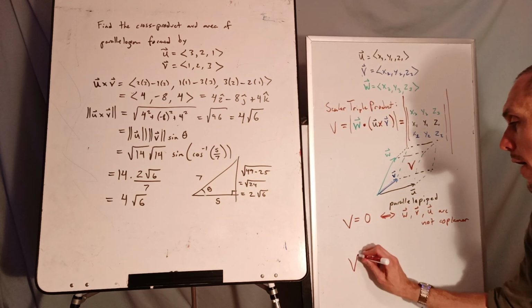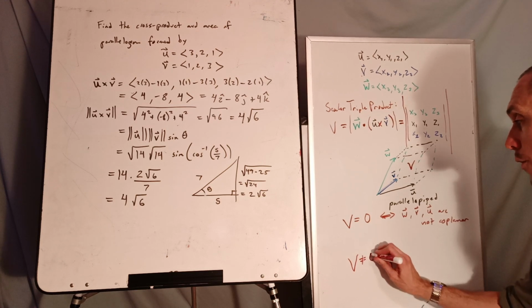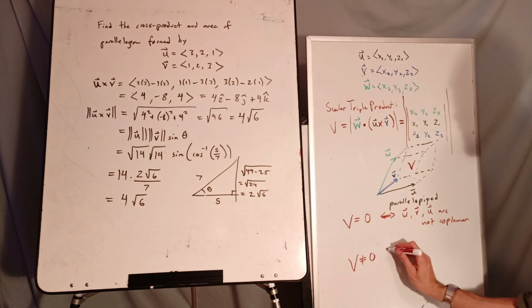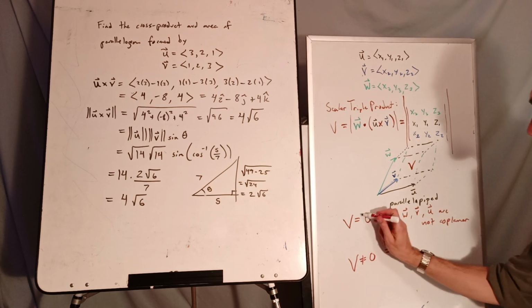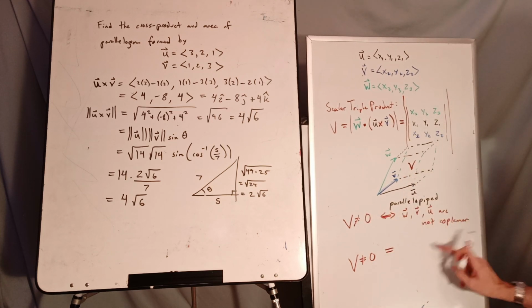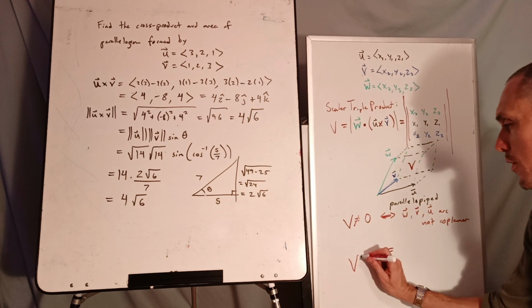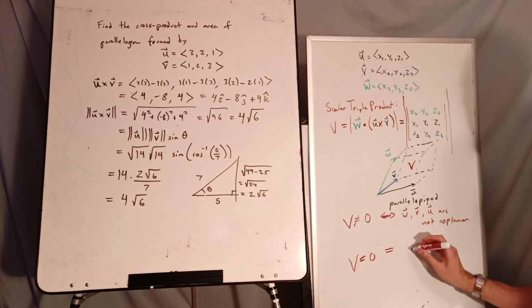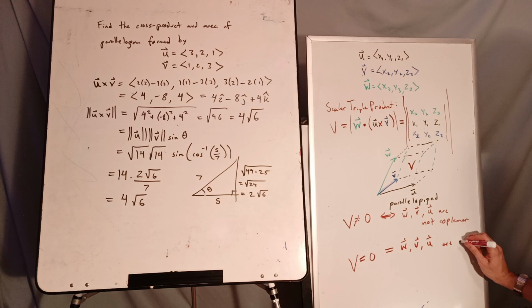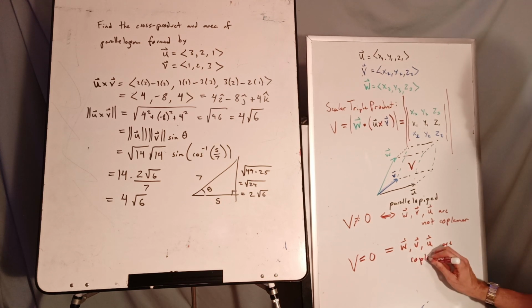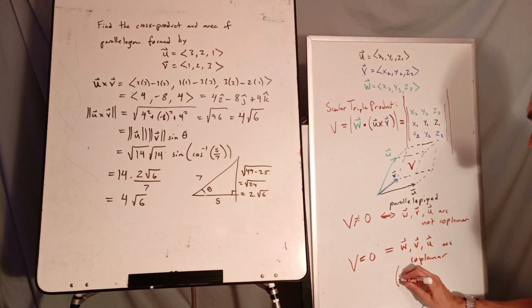So for example, oh, I'm sorry, I've said this wrong. It has a non-zero volume if they're not coplanar. If you get that this volume is 0, then W, V, and U are coplanar, provided you don't have a 0 vector lurking in here.